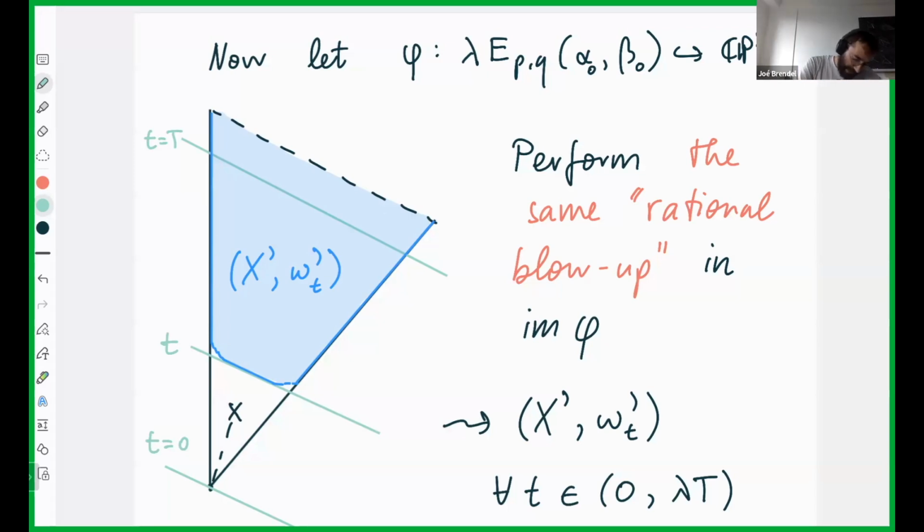But the point is that here we can go slightly higher than capital T. Namely, we can still do this blowup slightly above it because this lambda is bigger than 1. From this, we get another family of symplectic manifolds, X prime, omega t prime. And now we would need to compare the two.